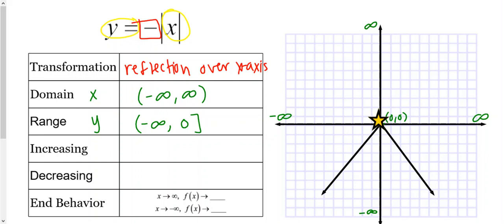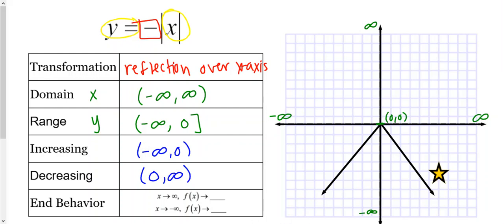So I am increasing from negative infinity to 0, which means then I'm going to decrease from 0 to positive infinity. Remember, all we care about are the x values. We are on the positive x side. So 0 to positive infinity.